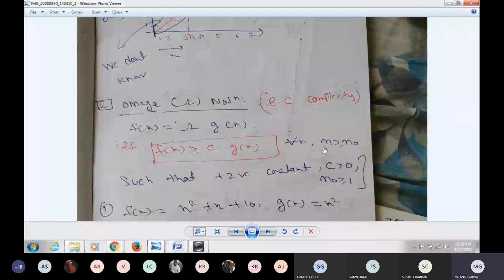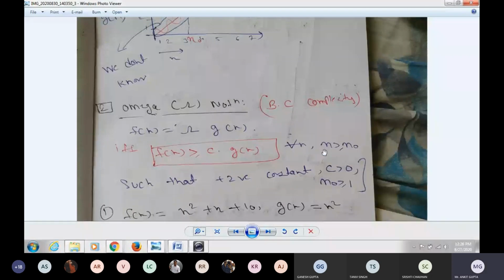It is the same as the big O notation, but here the opposite condition. Big O notation gives the highest upper bound and upper bound. Omega notation will give the highest lower bound because it is greater than or equal to, so c into g of n is a lower bound. So omega notation will give the highest lower bound and lower bound. Are you getting?